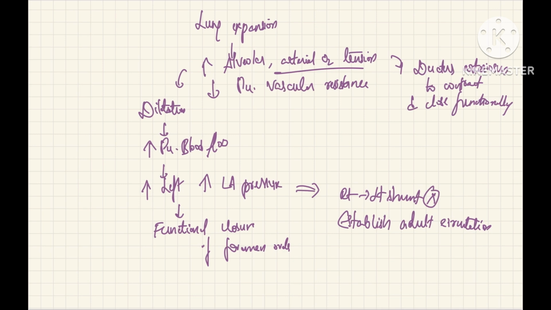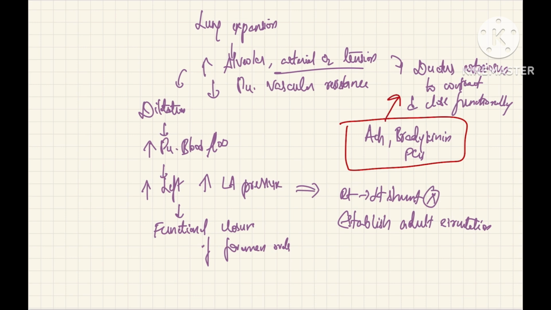This is also helped by acetylcholine, bradykinin, and prostaglandins, which help in the contracture of the ductus arteriosus. Anatomic closure of the ductus arteriosus happens by 2 to 3 weeks. The closure of the foramen ovale is functional, but the anatomic closure of the foramen ovale takes up to months.